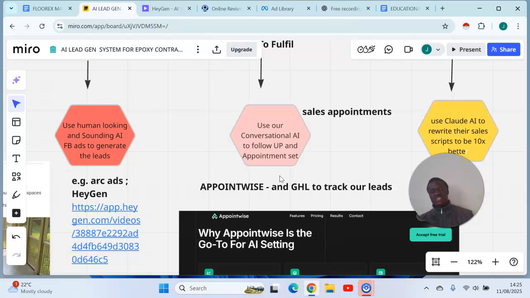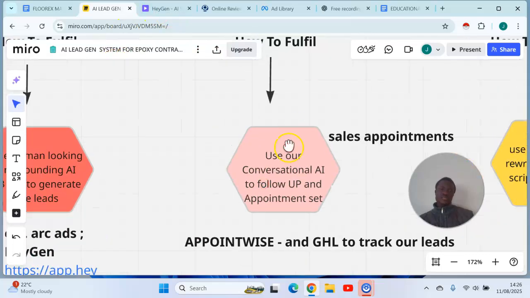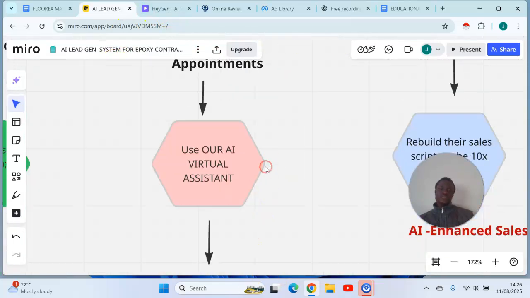There are so many channels on how you can get leads, but the biggest bottleneck is how you can get your leads to show up for appointments. That is the biggest bottleneck. How can you ensure that your lead shows up for appointments?